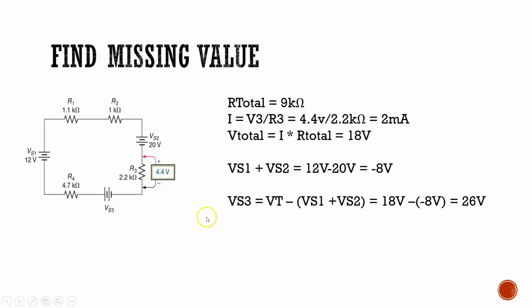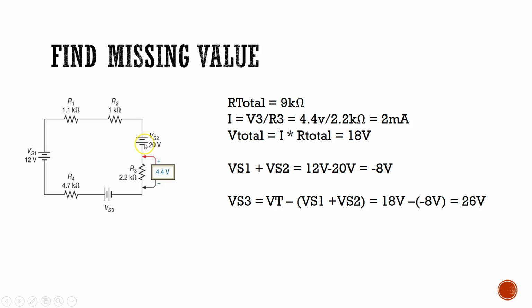Okay, here we're looking to find the missing value Vs3. First we would solve for our total resistance, so we have 9 kiloohms. Then we could use V3 and R3 to solve for the total current. Once we have the current and the resistance, then we can find the total voltage.